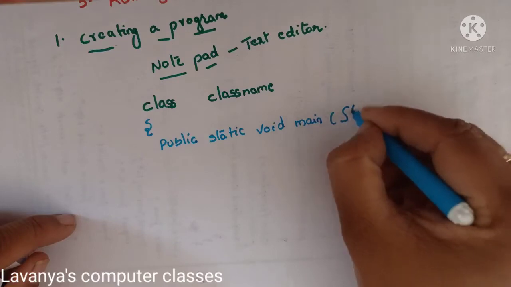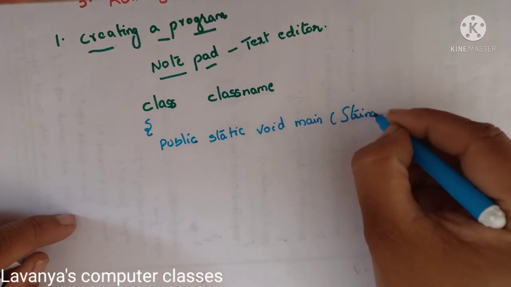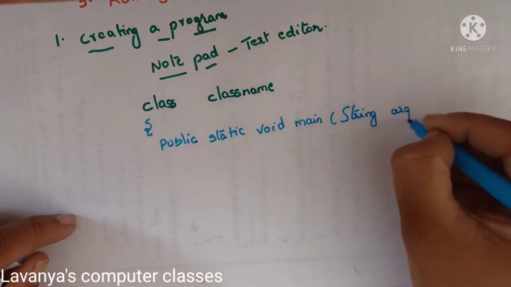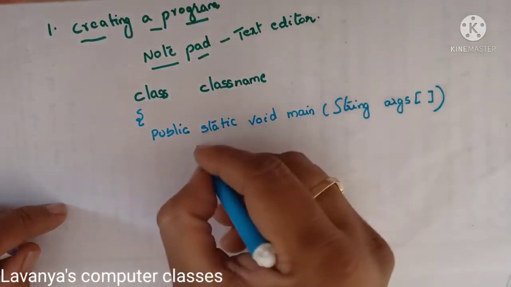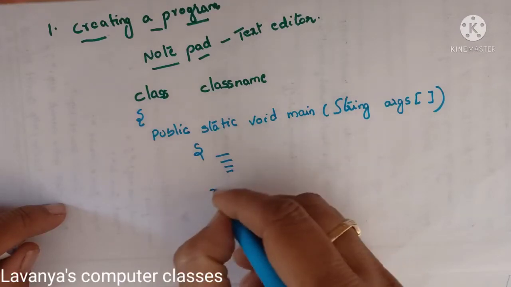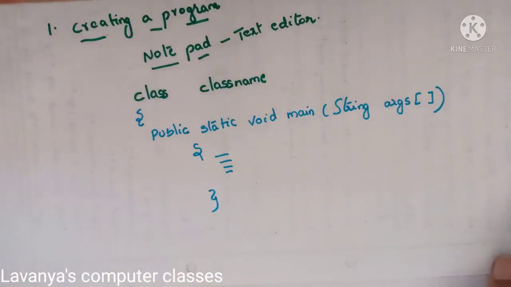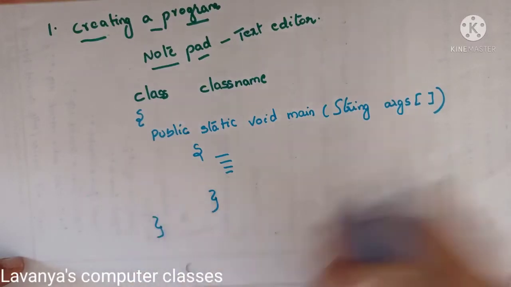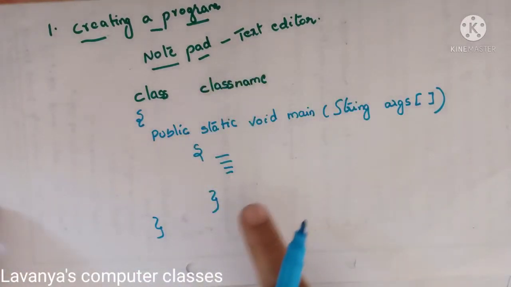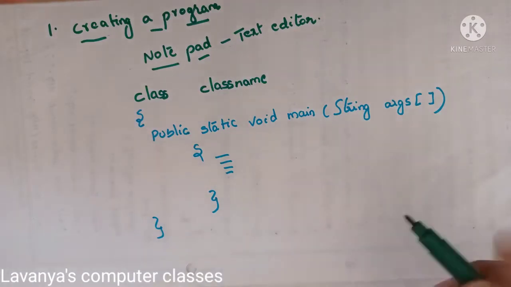String args, where S in String is a capital letter. After writing the main function, again start the flower bracket. Then depending upon the program, you write the code, and close the main function and close the class. Like this, we can create the program in Notepad.